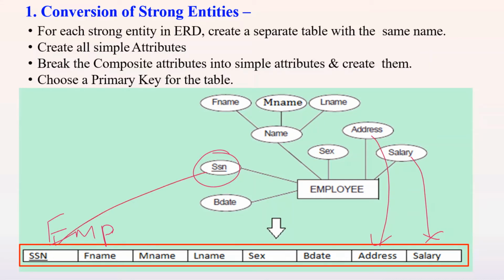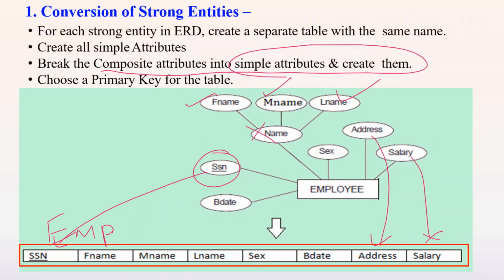So this is the primary key of the resulting table, but here name is a composite attribute. So break the composite attribute into simple attributes and create them. Here we will not take name as one of the fields of the table. We need first name, middle name and last name, because we need to store 3 values, not 1 value.